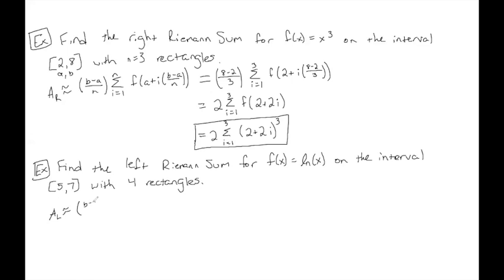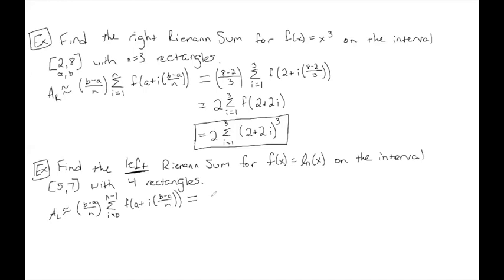I have (b minus a) over n times the sum. Now i starts at 0 because I'm using left endpoints, to n minus 1 of f of a plus i times (b minus a) over n. And I start plugging in.